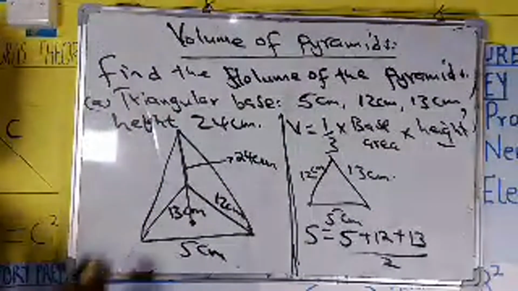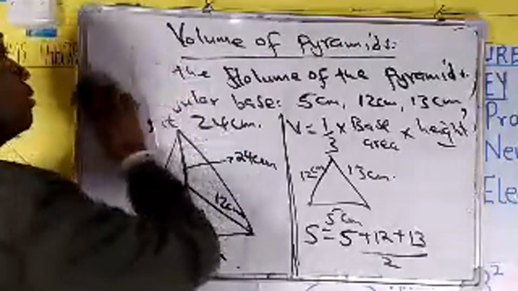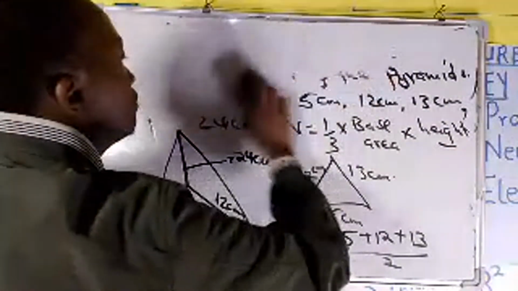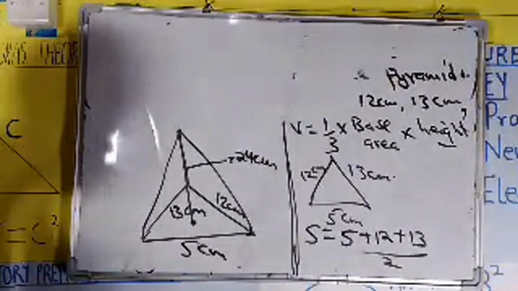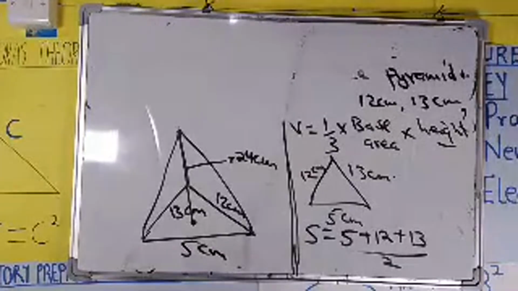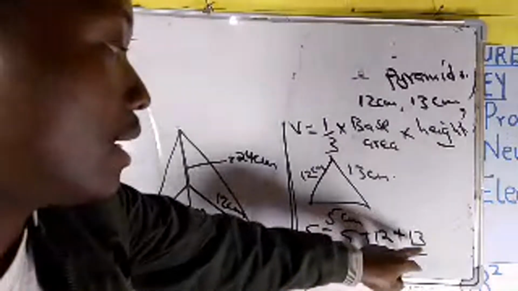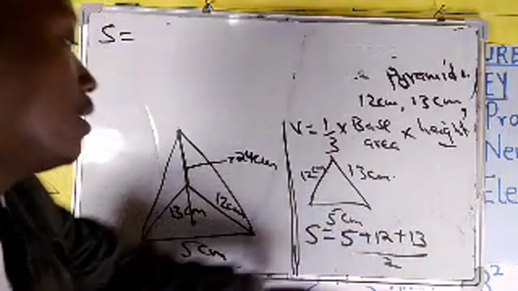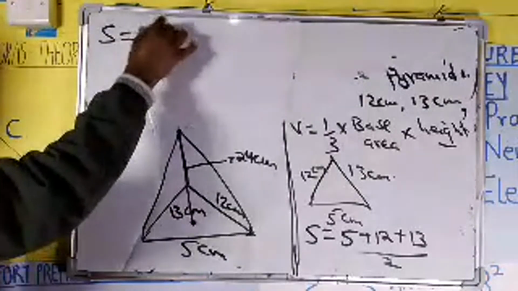We get S is 5 plus 12 is 17 plus 13 is 30. 30 divided by 2 is 15.